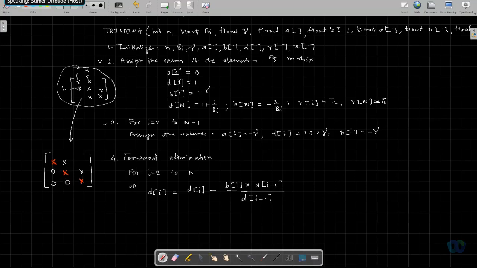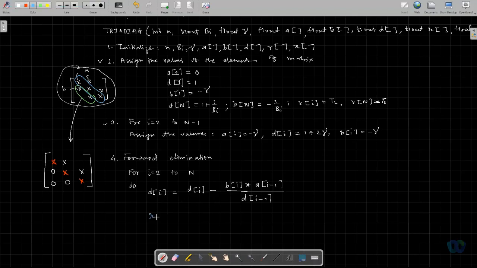So the di's are now getting modified with this fixed, known formula given by Thomas. You can prove this formula by doing the Gauss elimination process, a very special case of Gauss elimination.